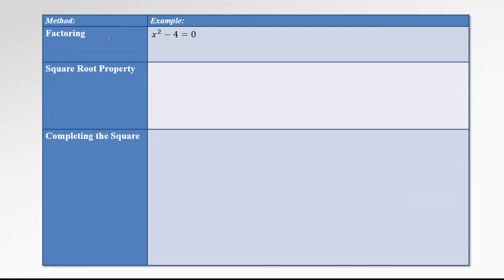What are some other methods of solving quadratic equations? Well, the next one is solving by factoring. Let's consider the same example, x squared minus 4 equals 0. We can solve it by factoring the left-hand side. This is actually a difference of squares, so it factors into (x plus 2)(x minus 2) equals 0.